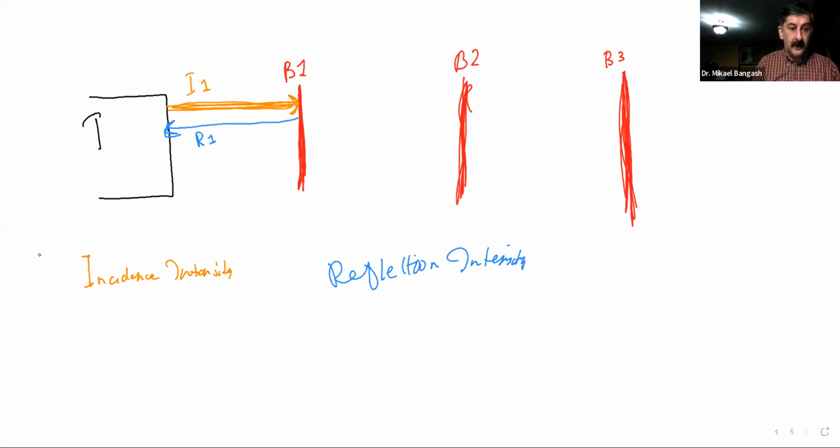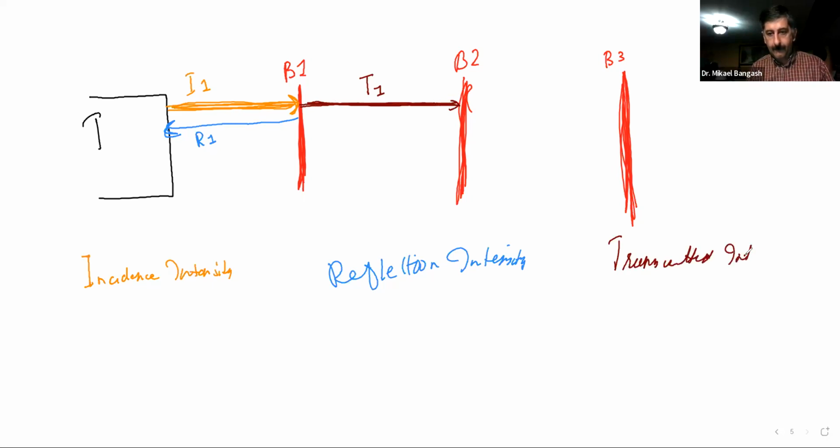And now whatever was left of the incidence that was not reflected back is going to become your transmitted intensity. Did you guys get that? Yes.